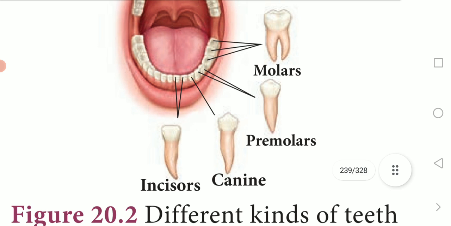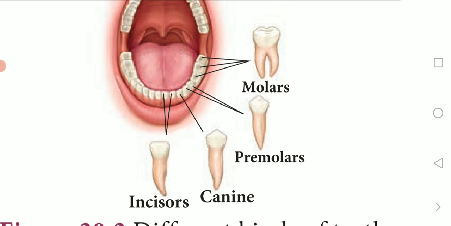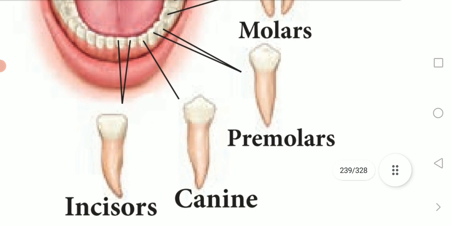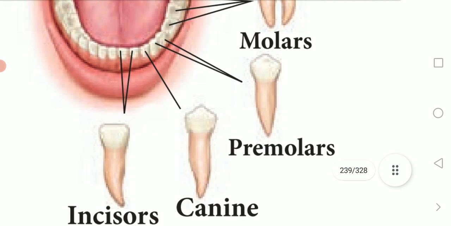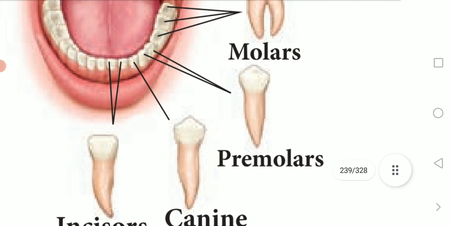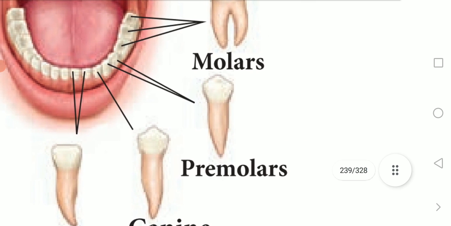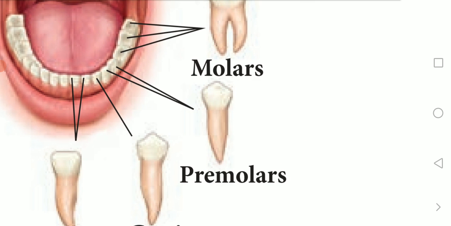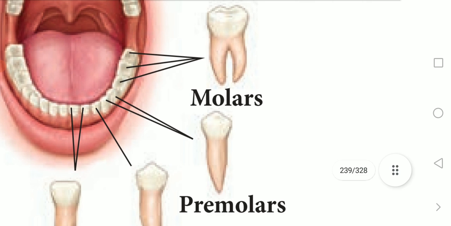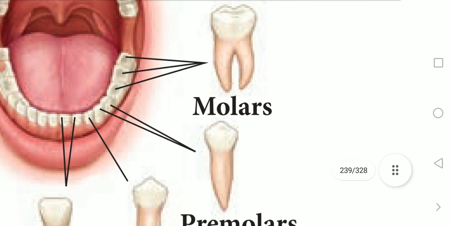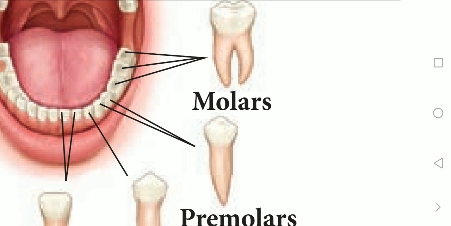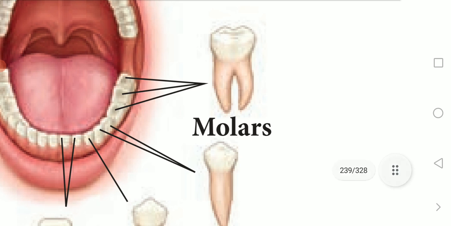The third type is premolars. In the mouth, eight premolars are there. Premolars are used for crushing and grinding. Finally, the last set of teeth is molars. There are 12 molars in our mouth.